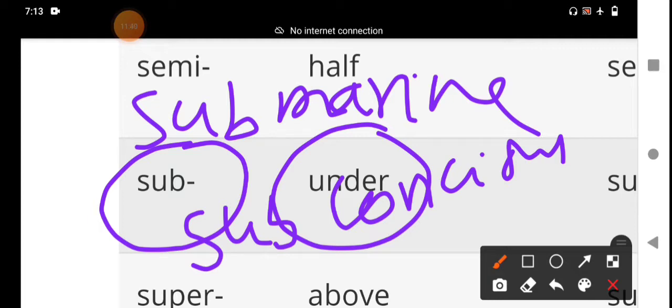We also say subscribe to a newspaper or magazine, which means to pay the amount for the magazine. That is subscribe. We want a subscription.